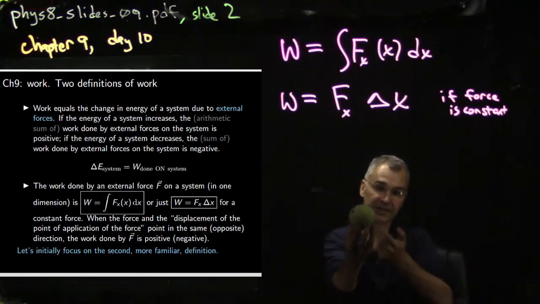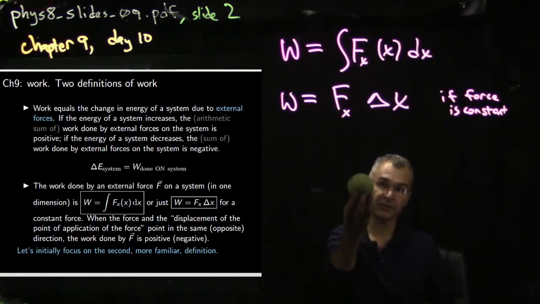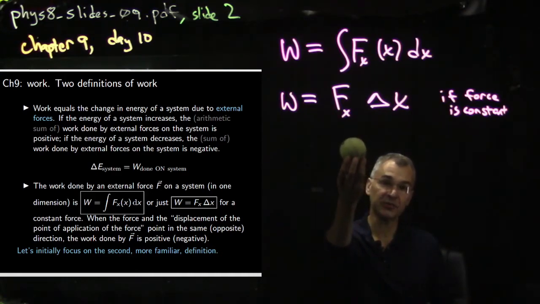I'm applying an upward force to the ball, and if I displace the point of application of the force upward, I am increasing the energy of the ball plus Earth system, which makes sense because I'm increasing the gravitational potential energy stored in that Earth-ball system.